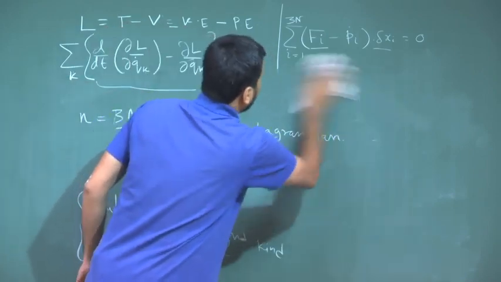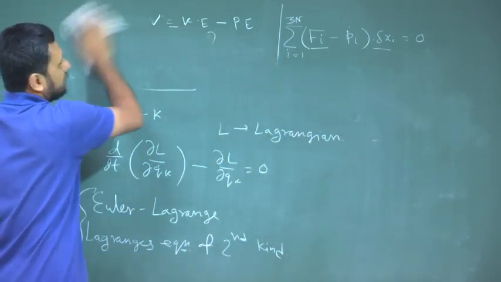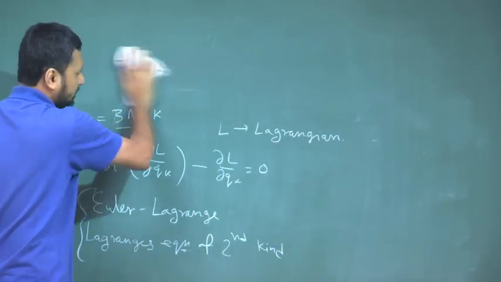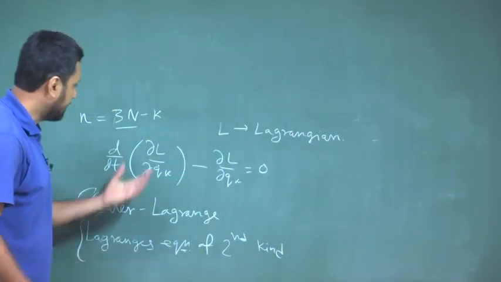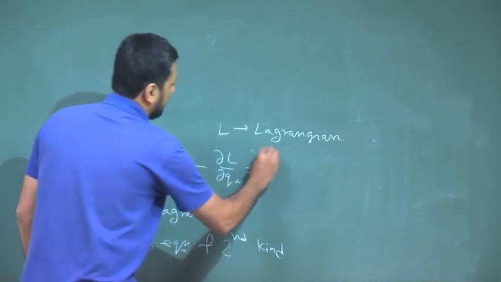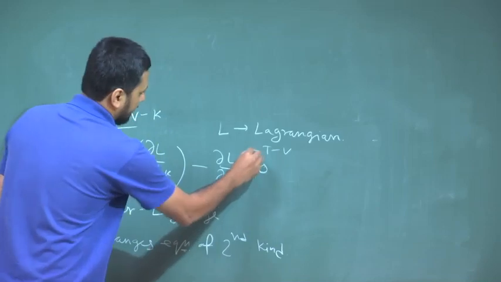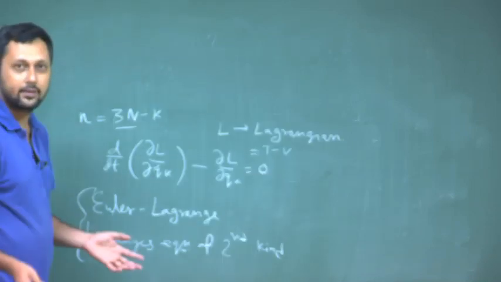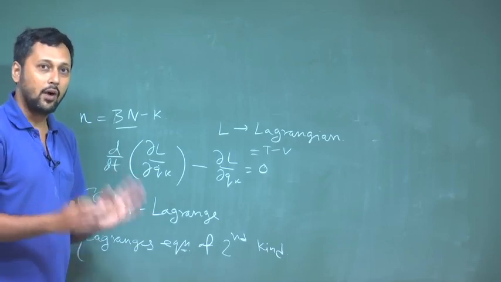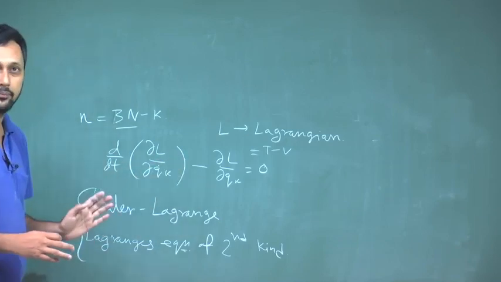Sorry if I have taken too long to come to Lagrangian, but as a student, I can in the first class itself define a quantity Lagrangian which is nothing but T minus V, and we can get an equation of this form and we can start solving problems. That will not help in understanding why and how we have come this far.